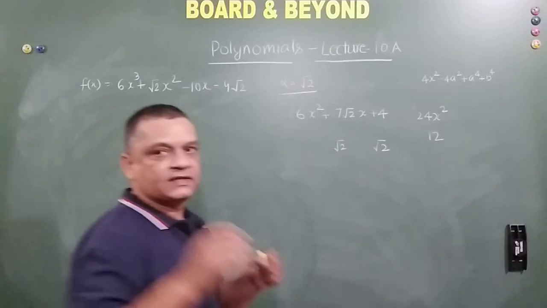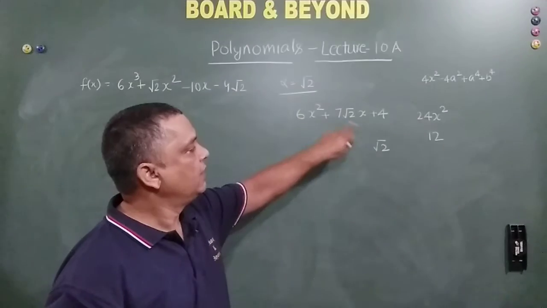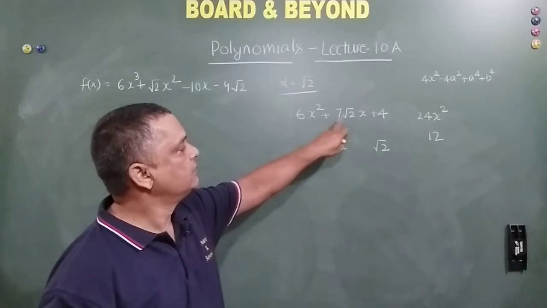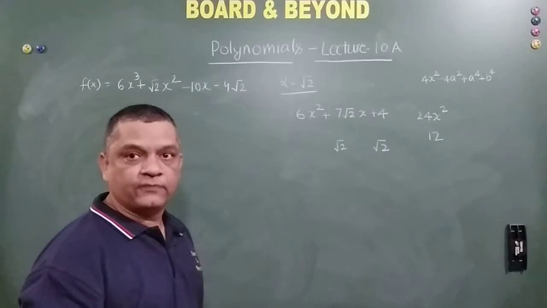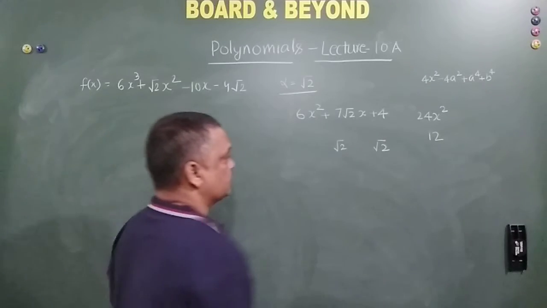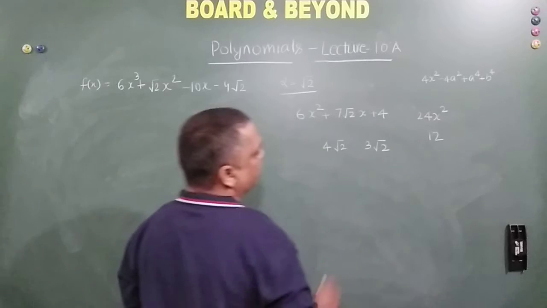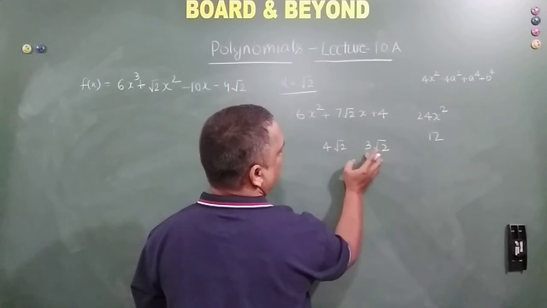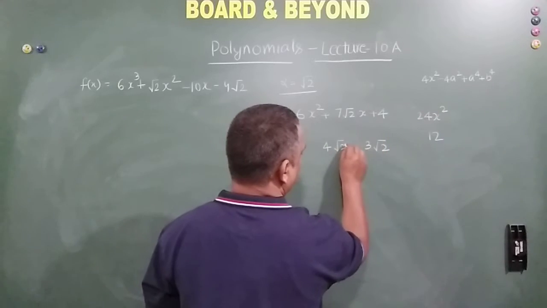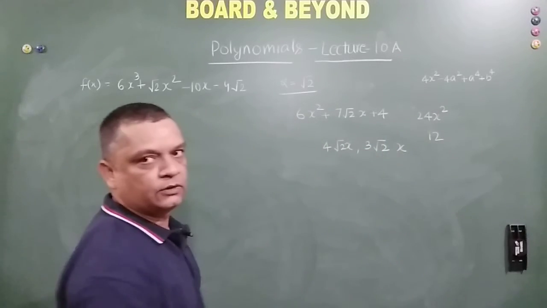We need to break this 12 into 2 parts such that their sum or difference is equal to 7. 4 into 3 is good enough. If I write 4 and 3, the sum is 7 root 2, and the product is 4 into 3, 12, into 2 is 24. So we put x here, and x here. These are our 2 factors.